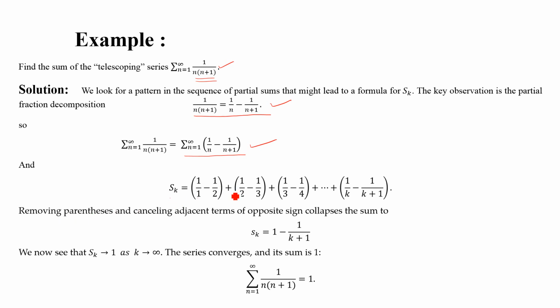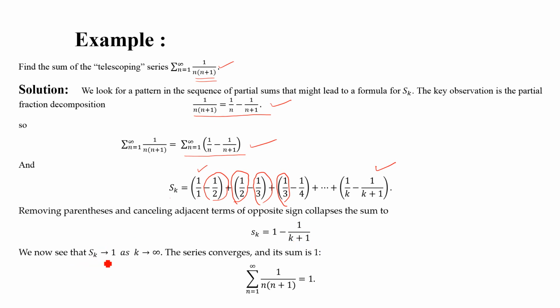Now what we are going to do is remove the parentheses, and we can see that these adjacent terms are the same with opposite signs. And 1 over 3, 1 over 3 with opposite signs, and so on. So all these terms cancel out, so we are left with the first term and the last term. So sk becomes 1 minus 1 over k plus 1.